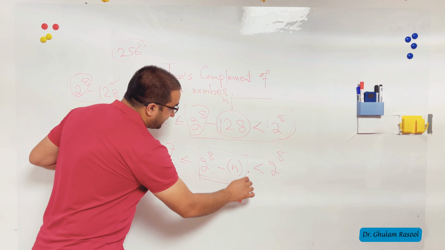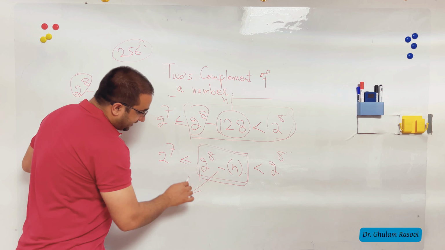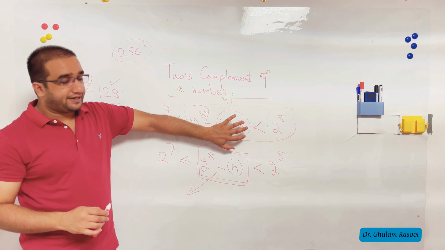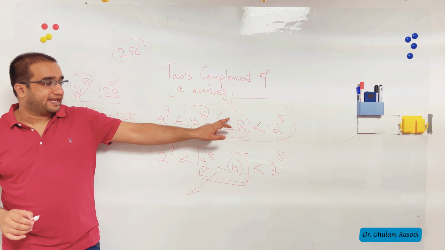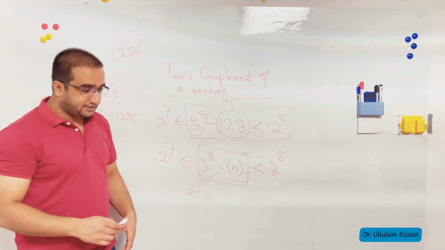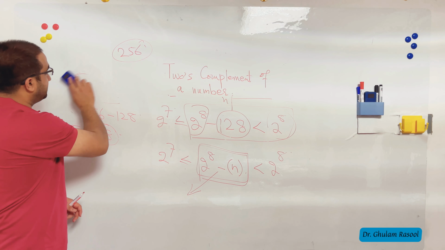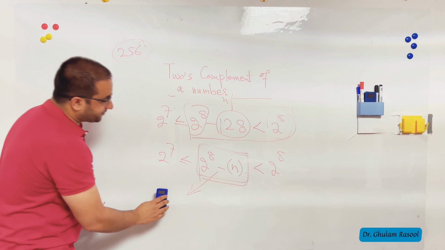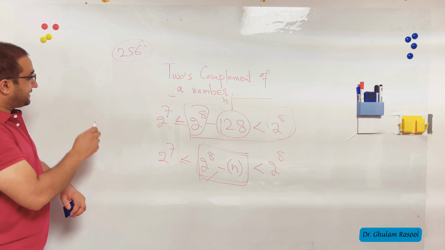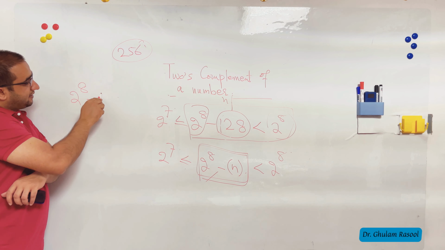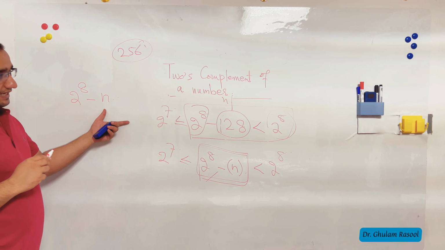So from here I simply conclude that if I need to find the 2's complement of a negative number, we will do an example and you will understand this whole thing. Then we will consider that number like this: 2 raised to the power 8 minus the positive of that number n.